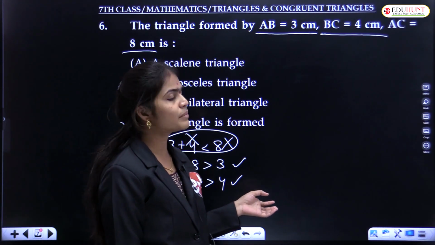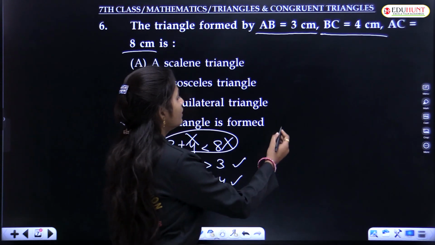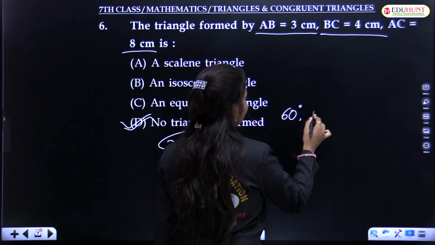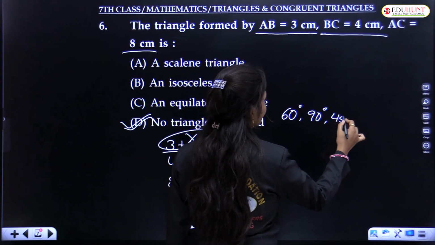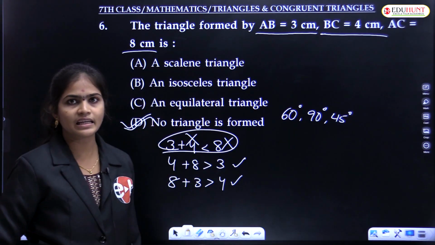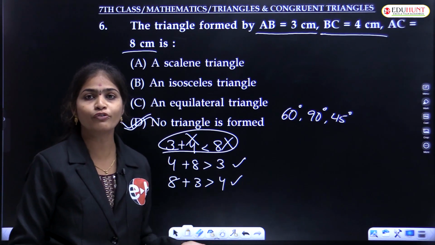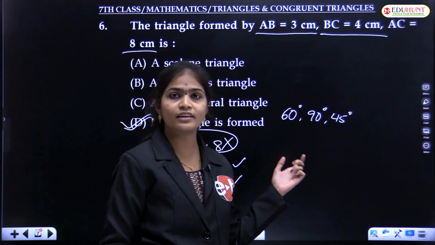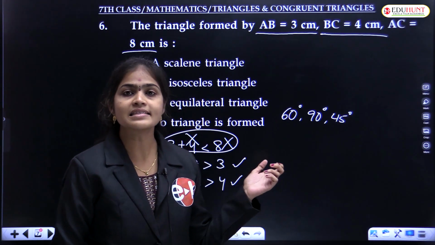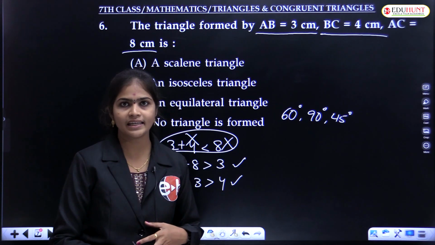In the same way, sometimes they will give angles. For example, here 60 degrees, 90 degrees, 45 degrees, these three angles they have given. So by using these three angles, is it possible to form a triangle or not? Here also we have one condition related to angles. What is that? The sum of all the interior angles of a triangle is 180 degrees.